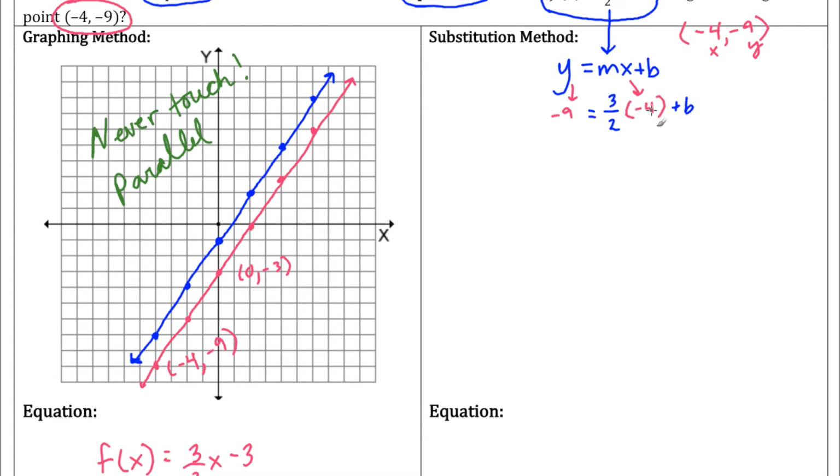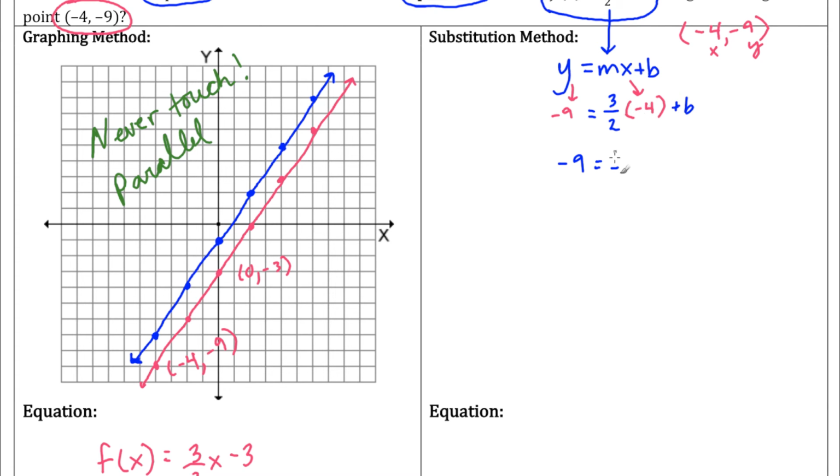So a positive times a negative. Well, let's just write this first. A positive times a negative is a negative. 3 times 4 is 12. 12/2 is 6. Plus b. Wait, how did I get that? That's weird. Oh, I know why.